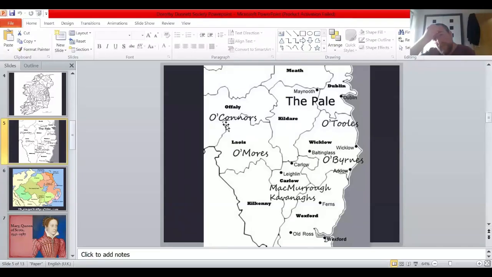So, as I say, their focus is switched over to here, and they don't manage to convince Henry VIII and his ministers to actually go ahead with a conquest of this region right at this time. But on this occasion, rather than waiting for permission to do so, they just go ahead and do it.